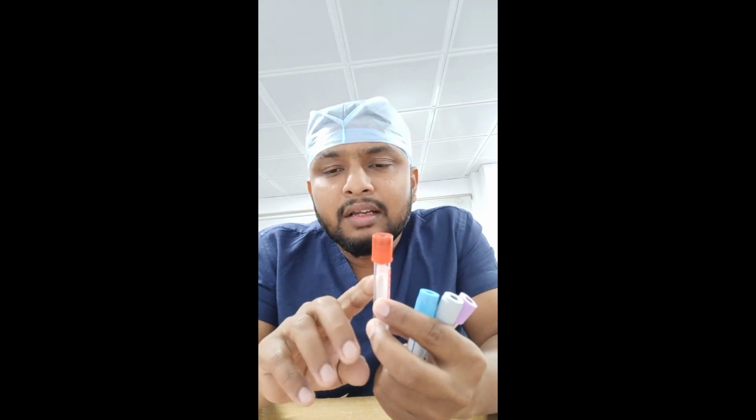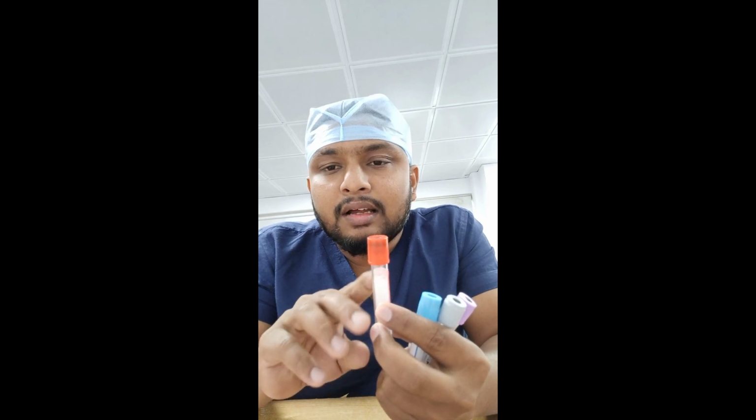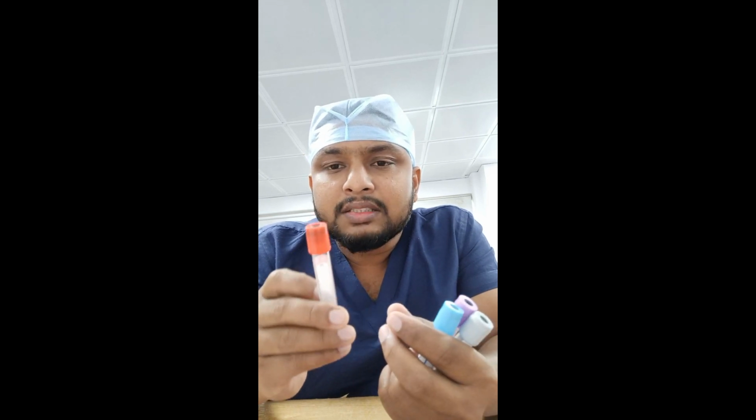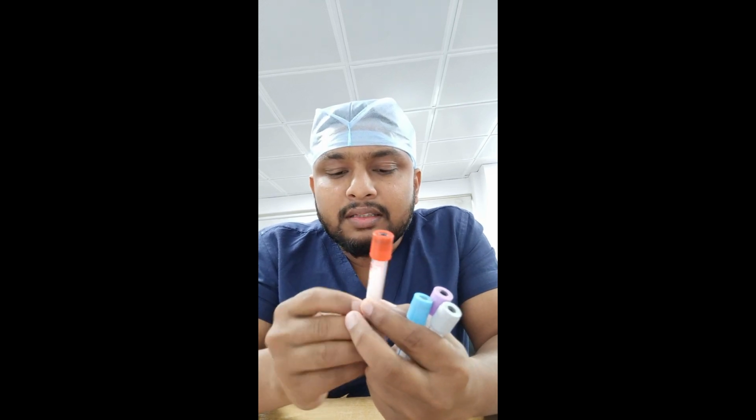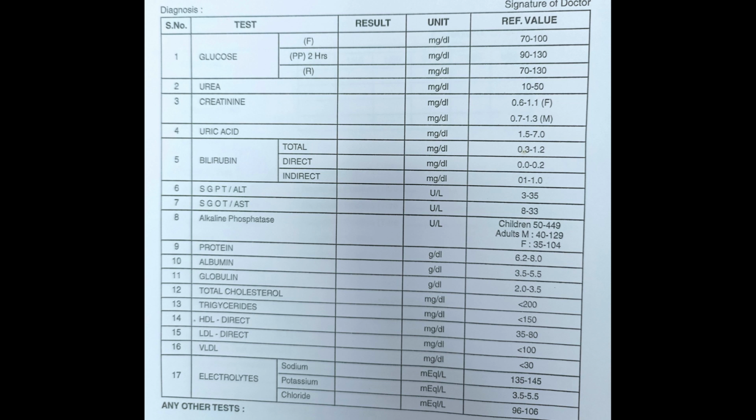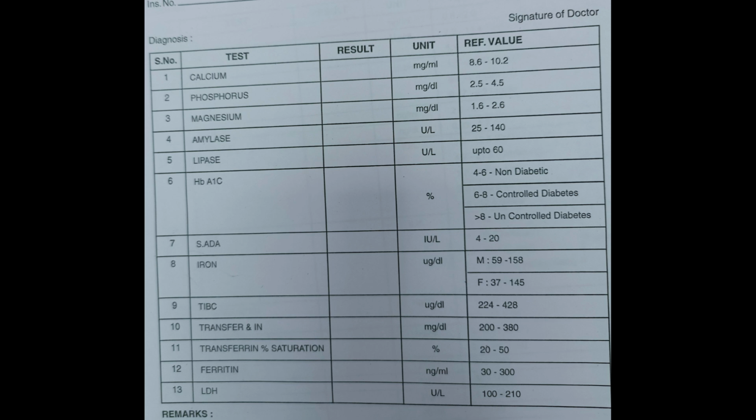You can send some viral marker tests also, the serology tests. For example, what tests can you do with the plain container sample? Mostly RFT, renal function tests, LFT, liver function tests, electrolytes, glucose whether random or postprandial, and some special investigations like serum calcium, magnesium, phosphorus.